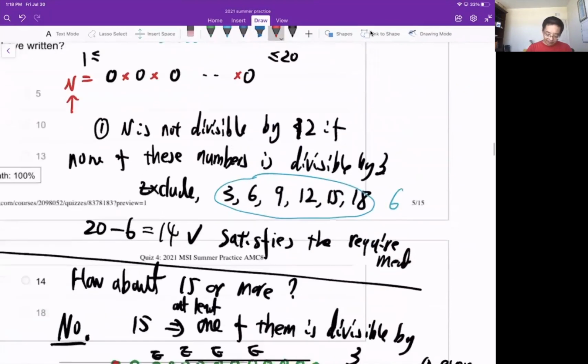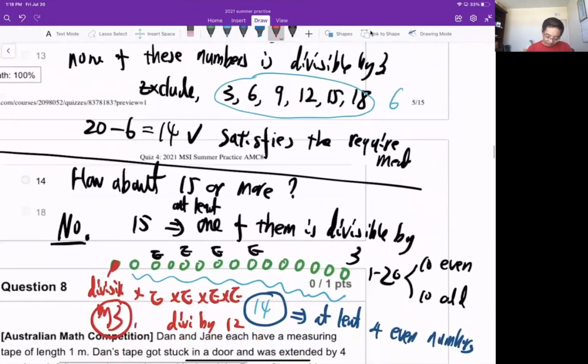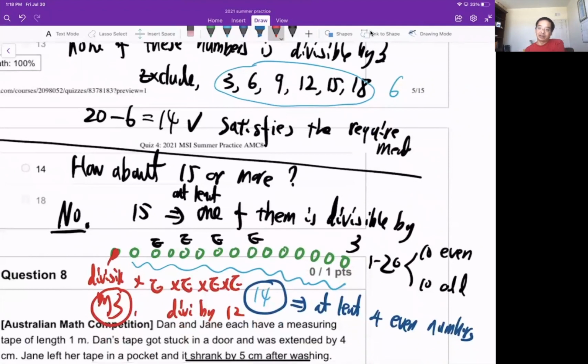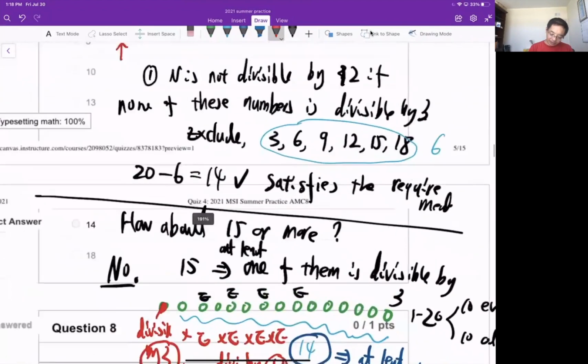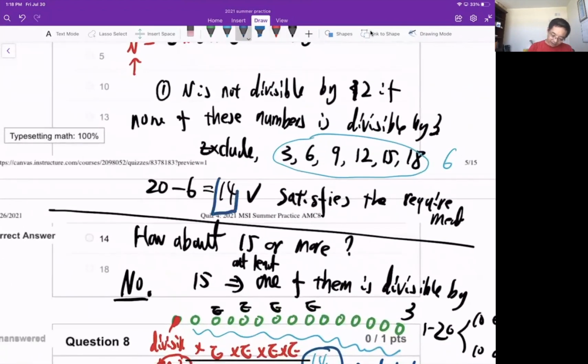Here you have one divisible by 3 and at least 4 even numbers, and of course when you multiply together, you'll be divisible by 12. So this justifies that 14 is the best we can do. 14 is the largest number.